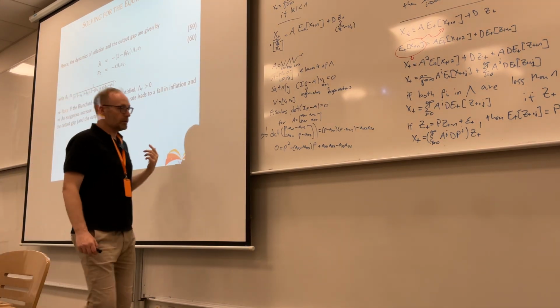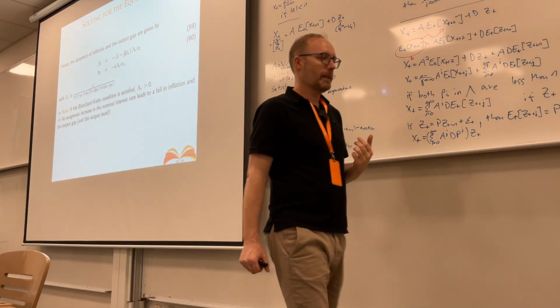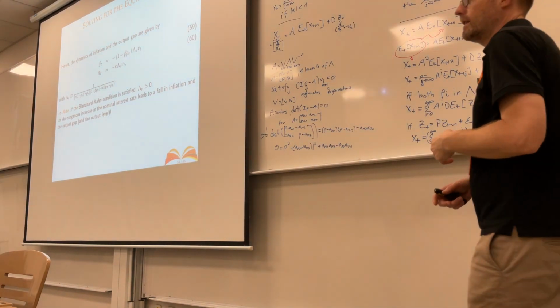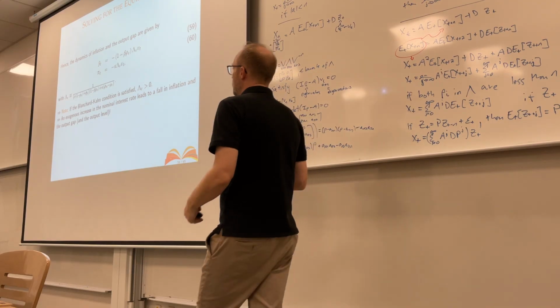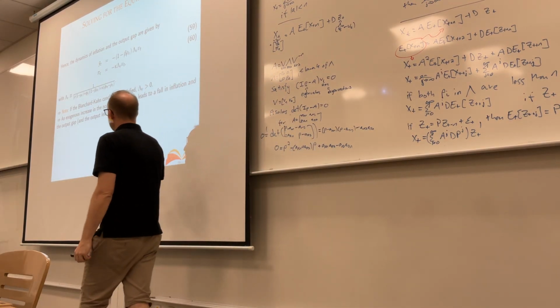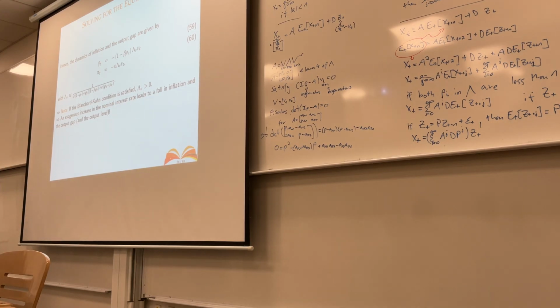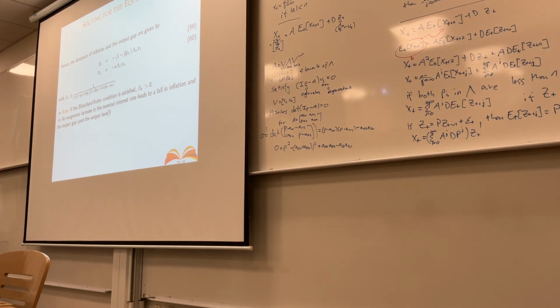Now, the Blanchard-Kahn condition, the condition that ensures uniqueness, in this model is satisfied by a more than one-for-one increase in the nominal interest rate in response to inflation, also known as the Taylor principle. That condition needs to hold for there to be a unique equilibrium, for our solution form to make sense.